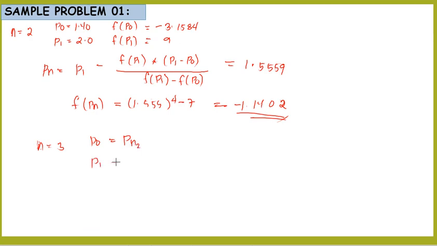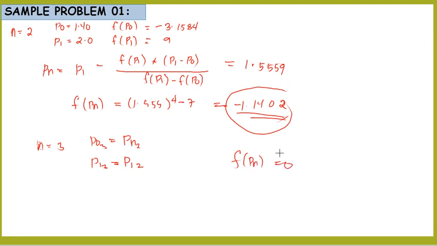And then our P1 is still the P1 in iteration 2. Okay? So we keep doing this. And then we get Pn again, and then you solve for the function of Pn until this value becomes 0. Until our f(Pn) is equal to 0.